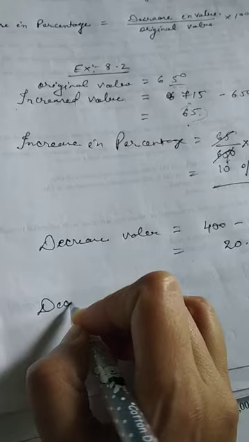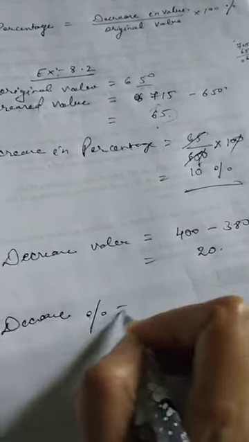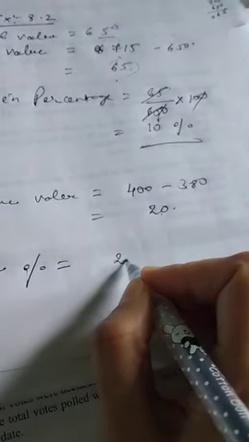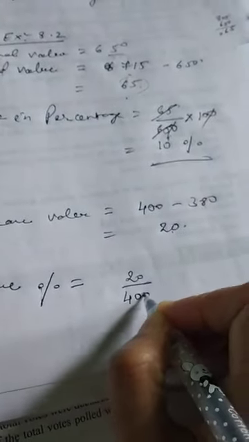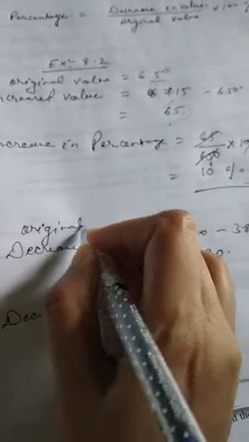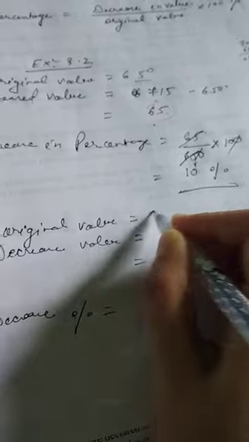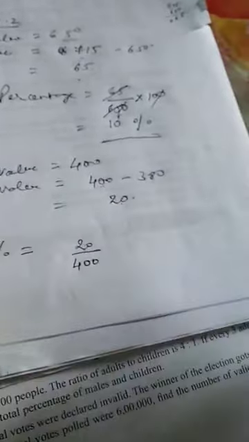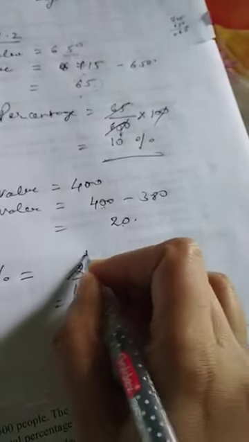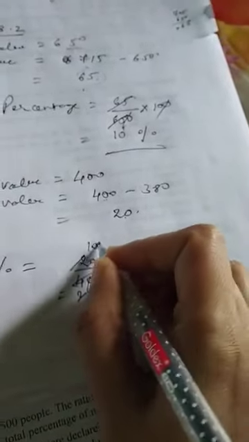Now you have to find out this decrease percentage. So decrease percentage is equal to decrease in value divided by original value. Decrease in value is this, and original value is, you know, 400. Write down this before only. Original value is equal to 400 and decrease in value is equal to this minus this. Now multiply by 100. 2 10 ja 20, 2 2 ja 4, 2 5 ja 10.